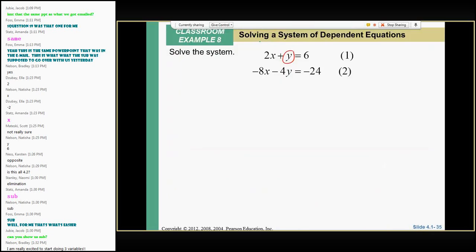If I did this for substitution, I get y equals 6 minus 2x in equation 1. Put that in here. So this one's by substitution. You get the same answer, but I want you to see the difference. Here's your y, there's my y.